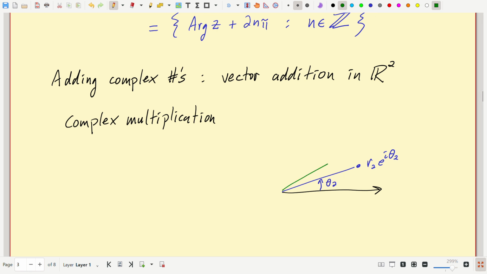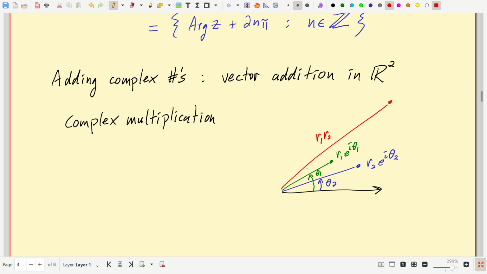And if I have an r1 e to the i theta 1, that theta 1 looks like this. If I multiply them together, then the radii multiply, and the angles add.